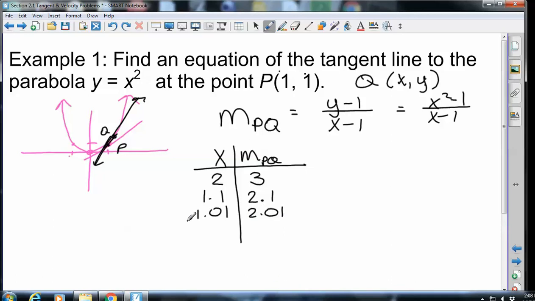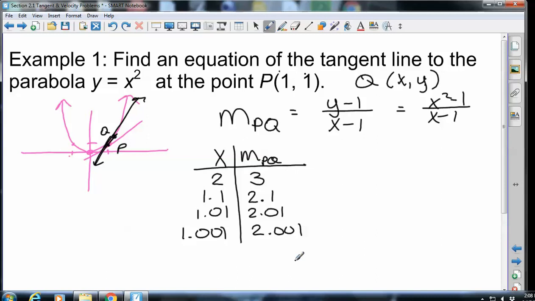So is that the closest I could get? No, what if I did 1.001? Yes, we can. Okay, so if you put this one in, you get 2.001.